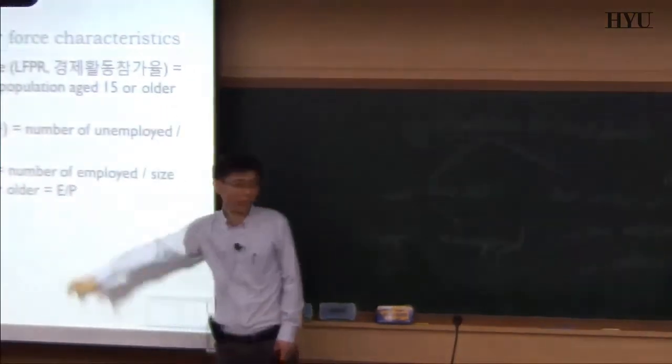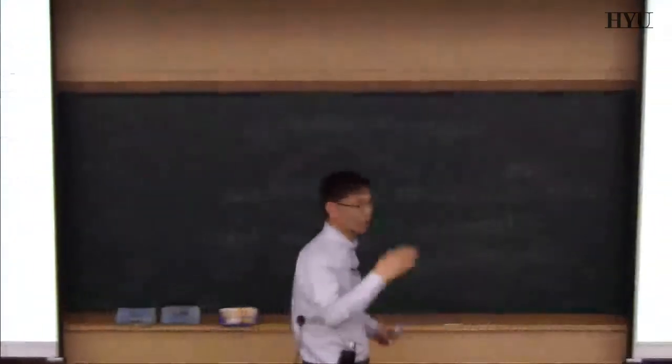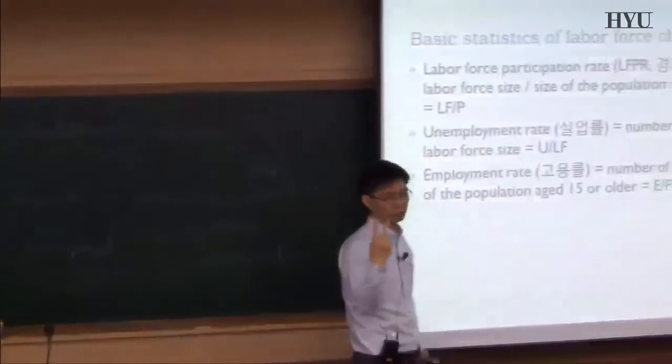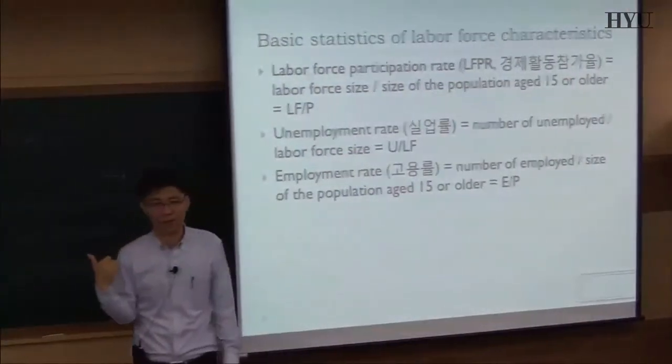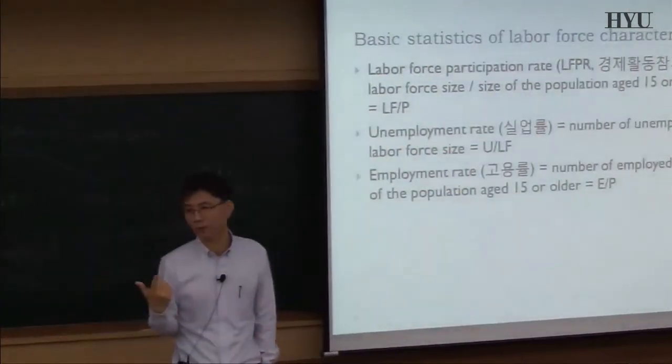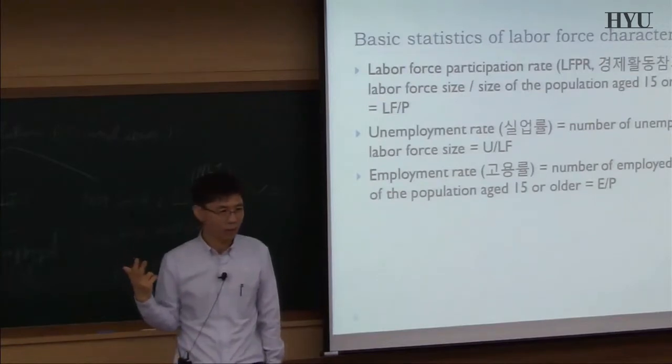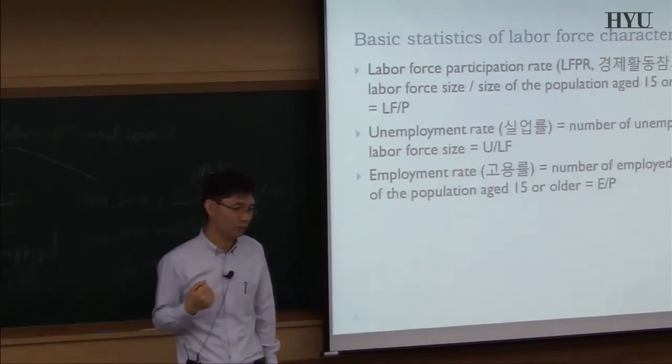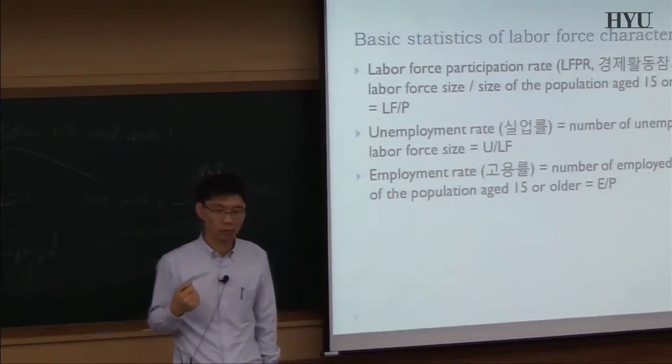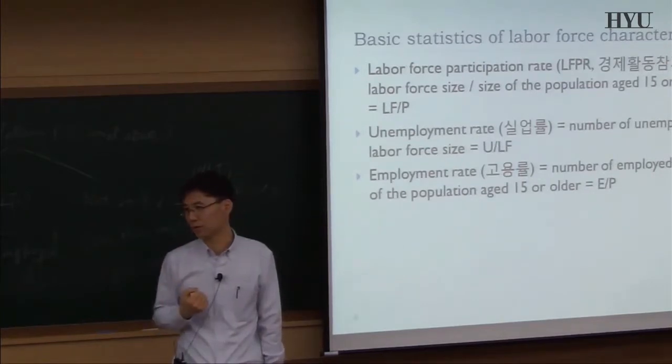Because employment rate is low, okay, for two reasons. One is that there are lots of unemployed people who are looking for a job. But also at the same time, if there are a bunch of people who are not in the labor force, then employment rate is low. Okay?